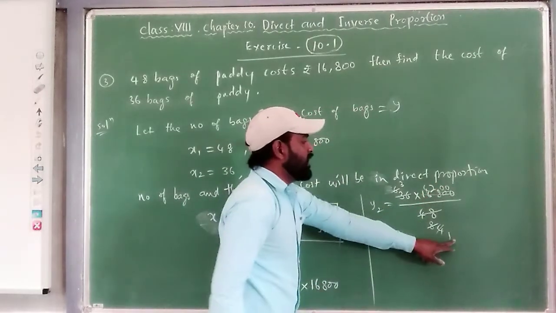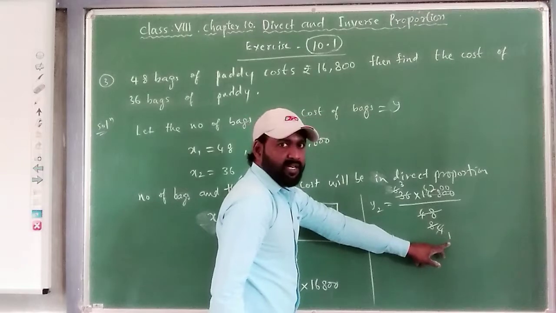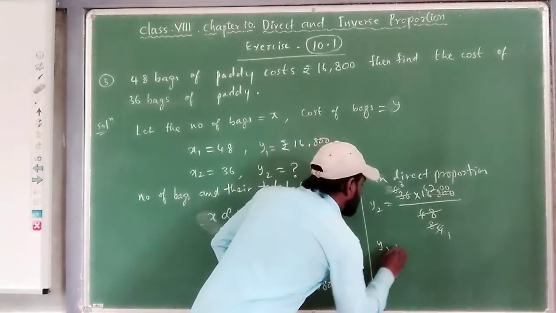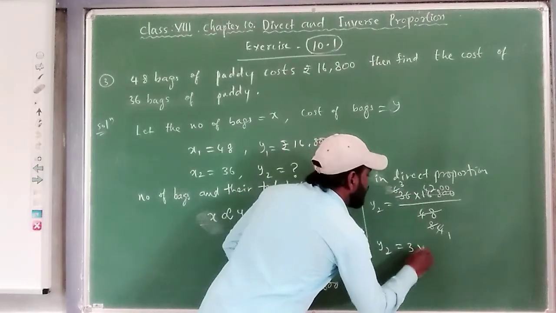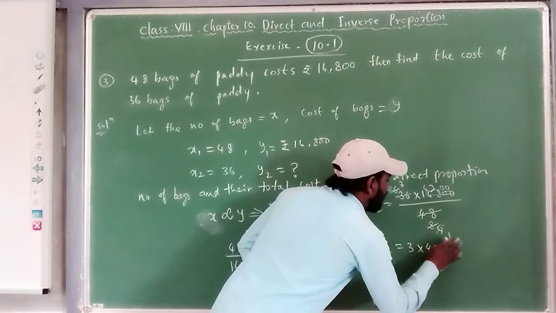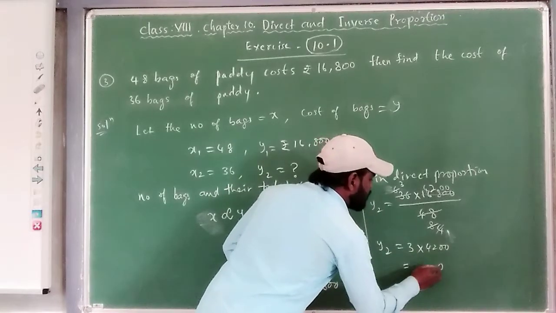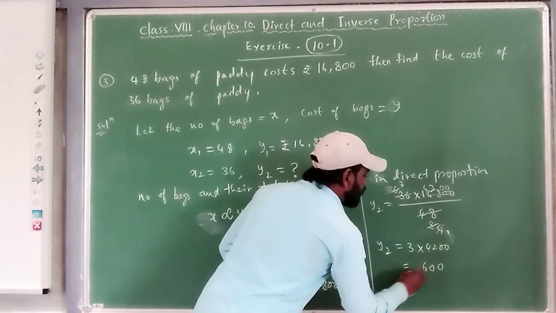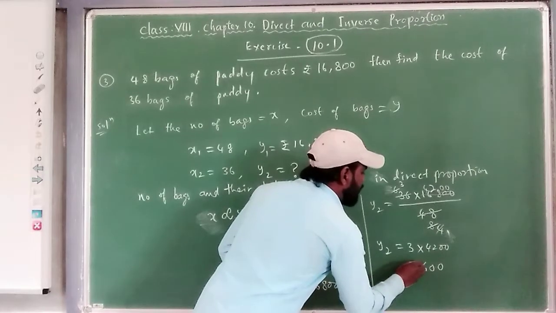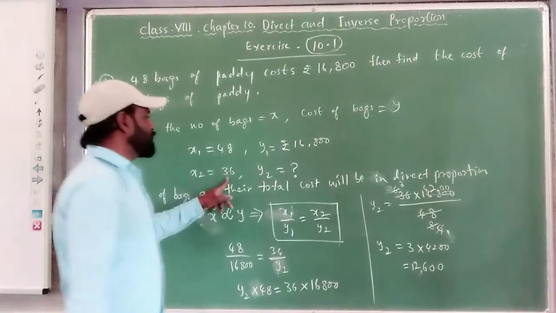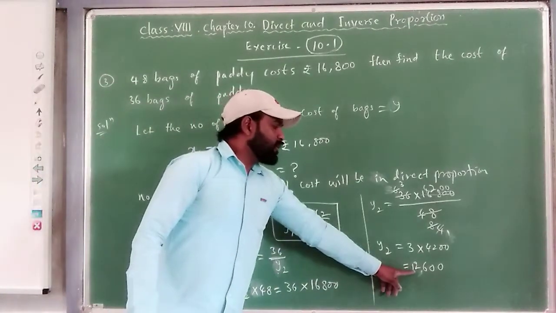In the denominator everything is simplified, only 1 remains. In the numerator, 3 into 4200 remains. So 3 into 0 is 0, 3 into 0 is 0, 3 into 2 is 6, 3 into 4 is 12. So it is 12,600.